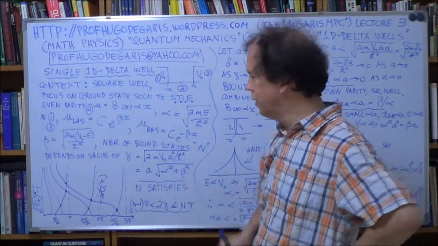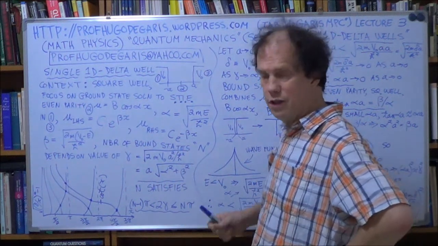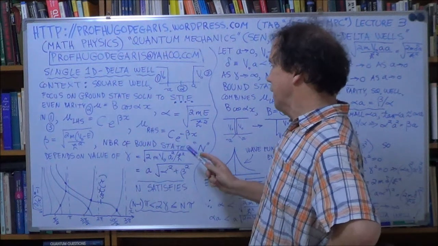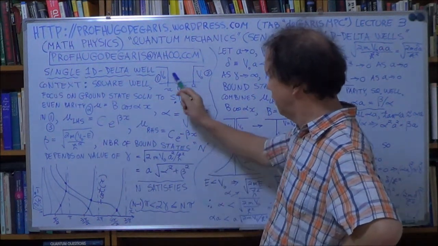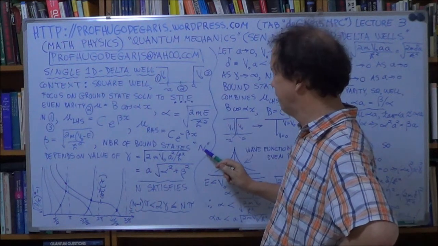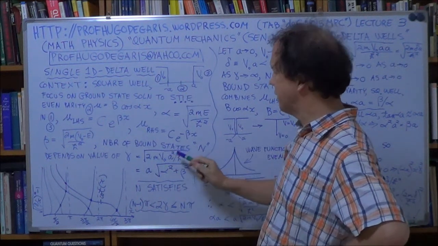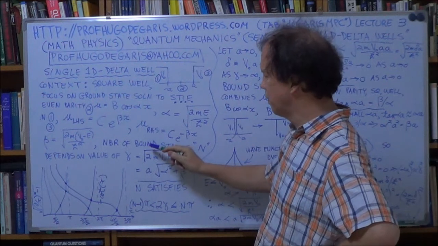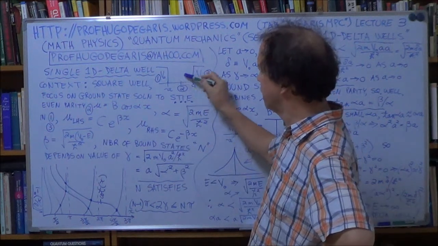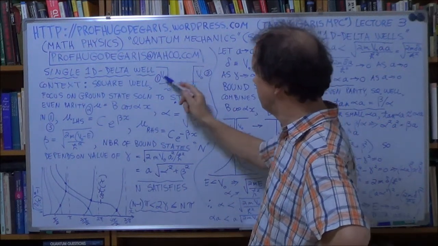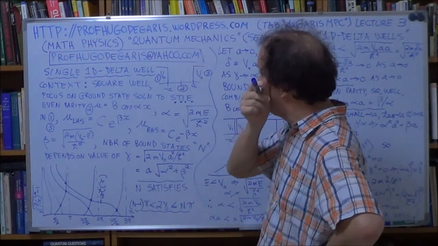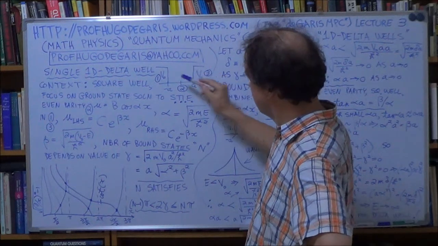So we're assuming non-degeneracy. Okay, so how many allowed energies here? How many bound states? That means different wave functions in this area A, and to some extent in regions 1 and 3, but it drops off exponentially.